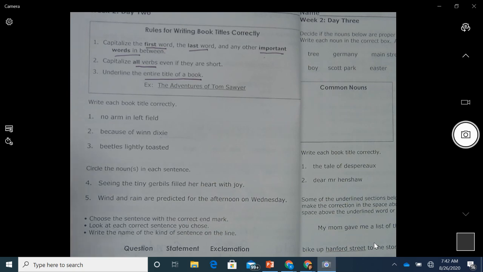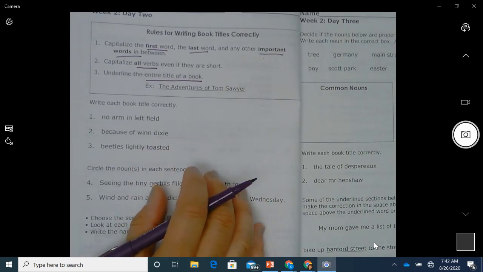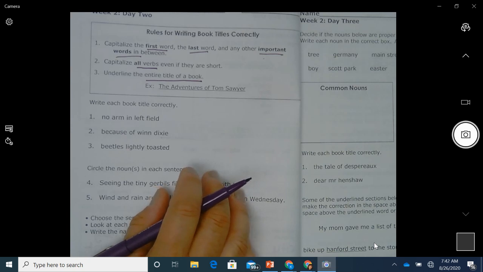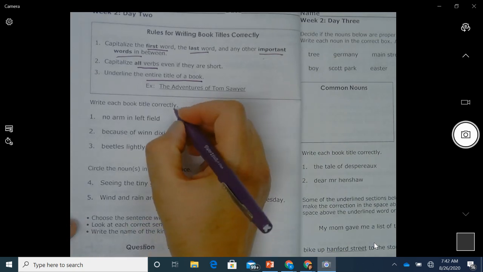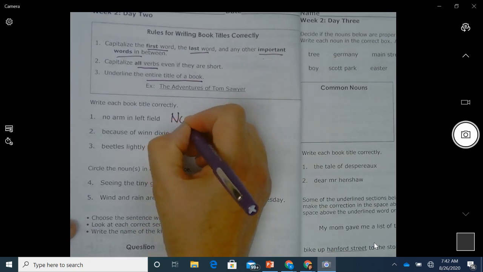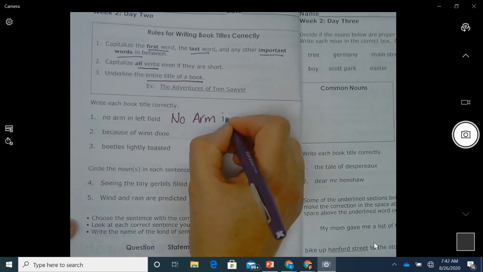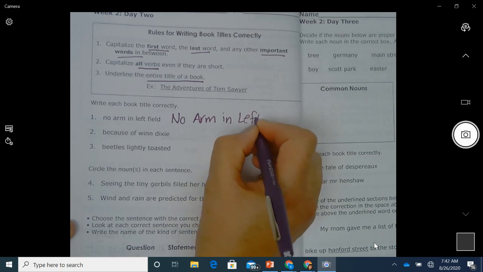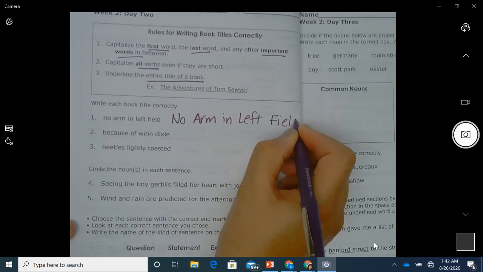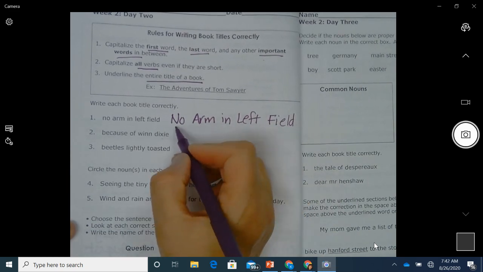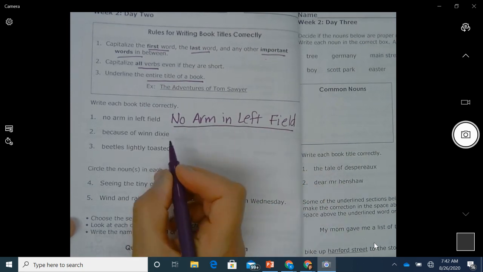No arm in left field. So there's not a line here, okay, because I'm going to underline it. So you would write this to the side. No arm. I don't have to capitalize in, but I do have to capitalize left and field. The reason they didn't put a line here for you to write it on is because they want you to underline it yourself, okay?